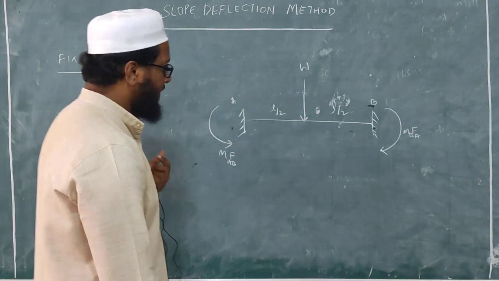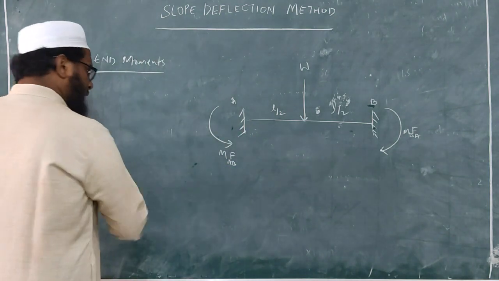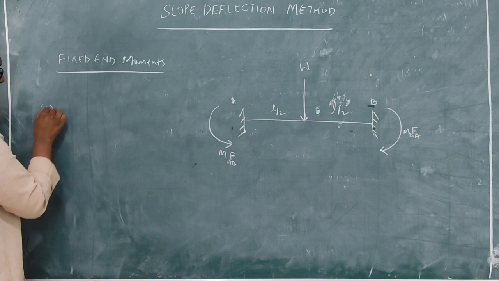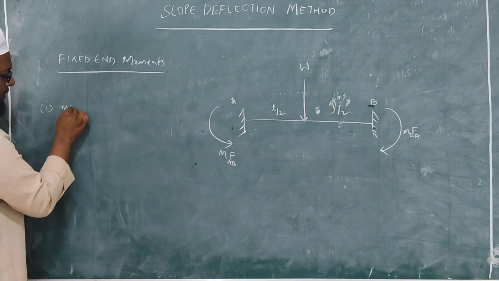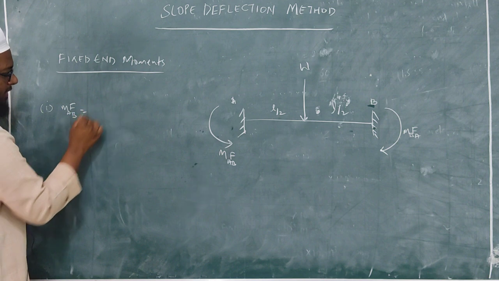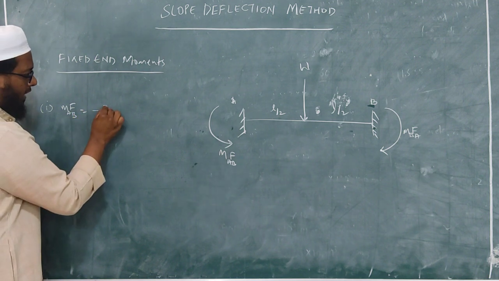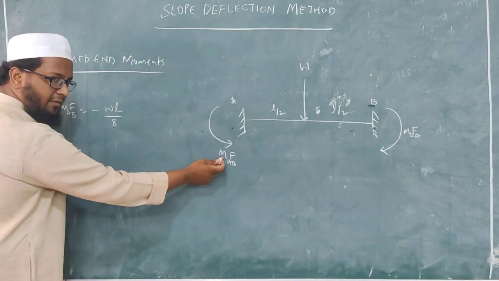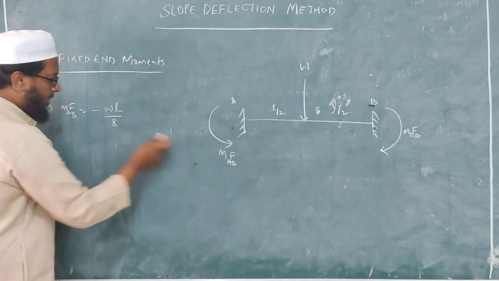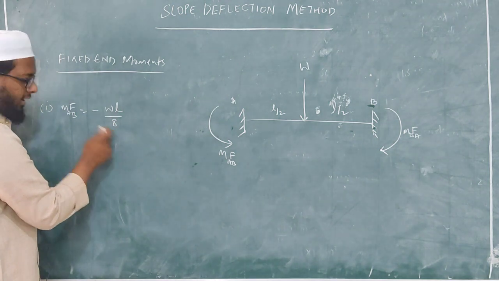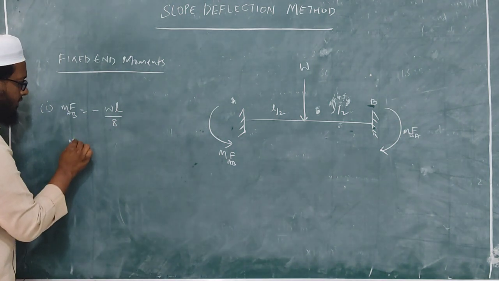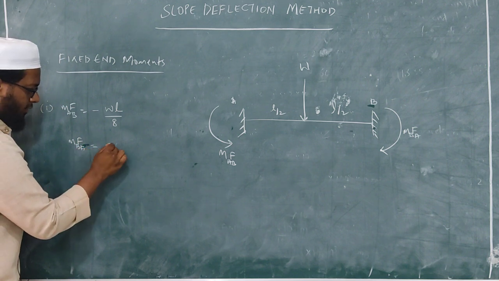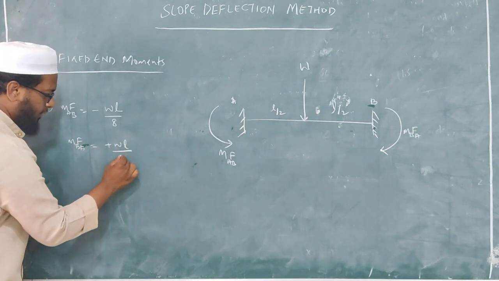For this particular case, we have MFAB equal to minus WL by 8, and MFBA equal to plus WL by 8.